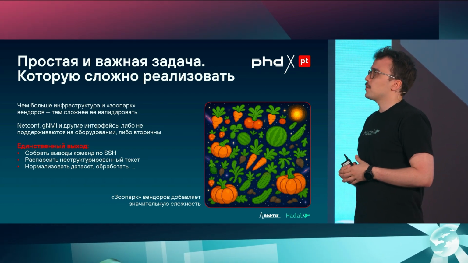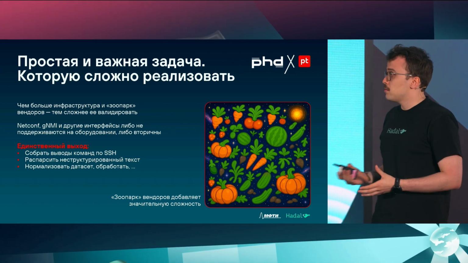So basically, this is a simple task to understand, which is very difficult to implement, as you can see. First of all, it's due to the size of the infrastructure. The larger the infrastructure and the more vendors' equipment is used, the more heterogeneous it is, and the more difficult it is to validate. Next, we need to get some kind of data.